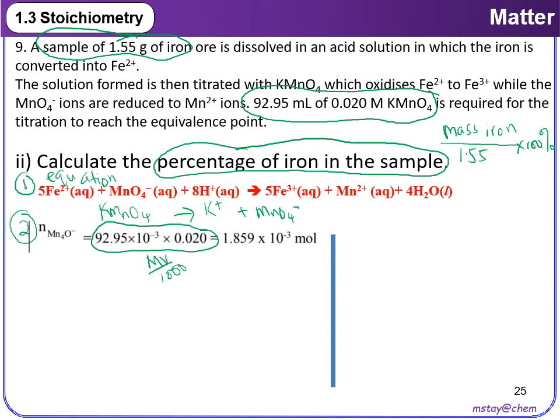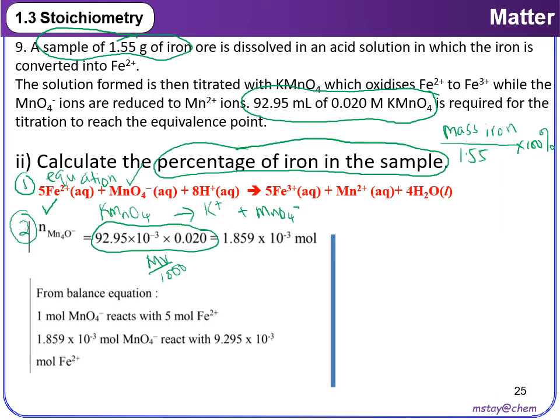As usual, after we get the number of mole, we need to do the comparison. In this case, we compare MnO4 negative with Fe2+ because we want to determine the mass of iron. So step number 3, we do the comparison, and step number 4, we identify the mass of Fe2+. Again, 1 mole of Fe will produce 1 mole of Fe2+.